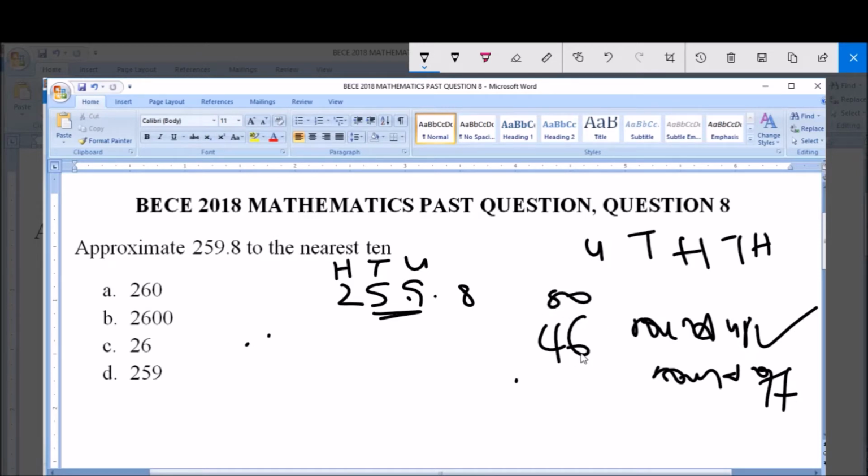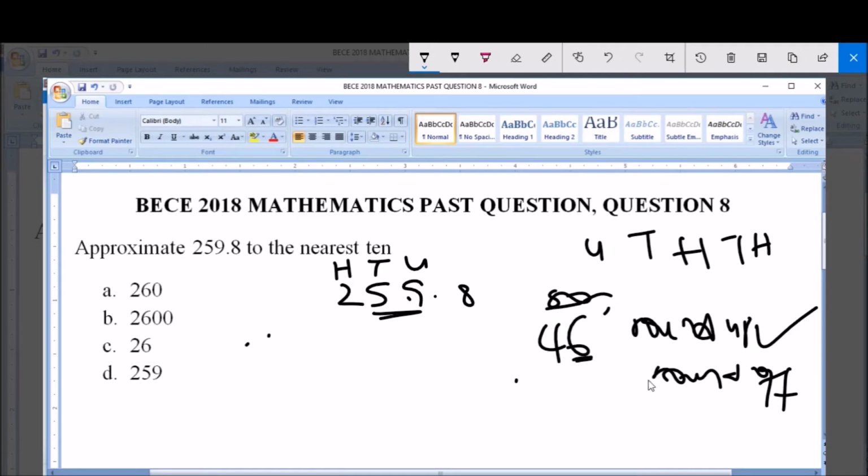This is because the unit considered is greater than 5. Once you have a unit equal to 5 or greater than 5, you can round up that unit to the next 10. Like you can see here, we have 6 as our unit. Because it is greater than 5, we round up this 6 to 10, thereby giving this 46 50.